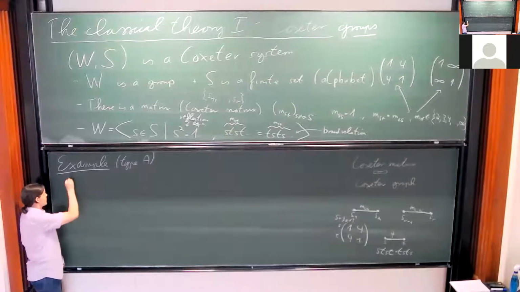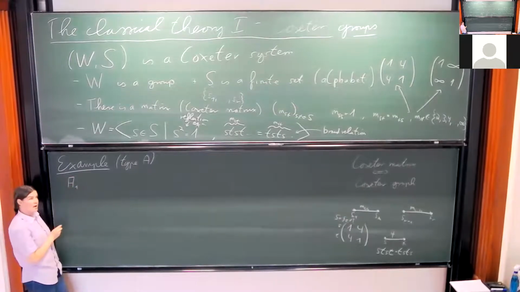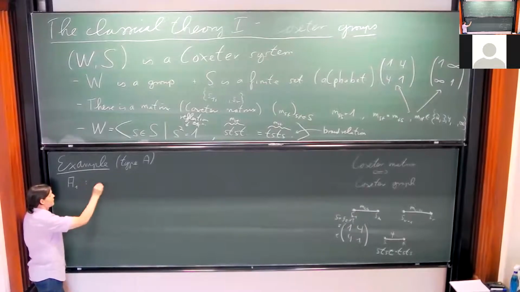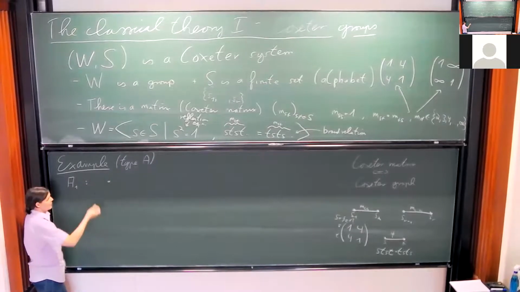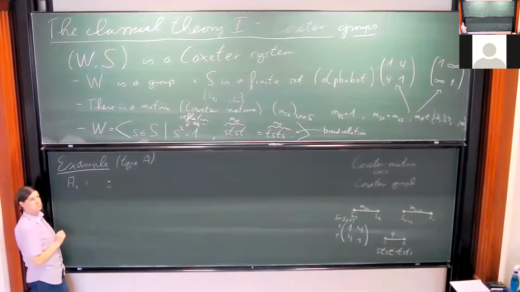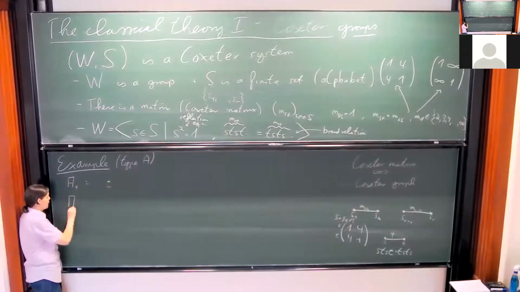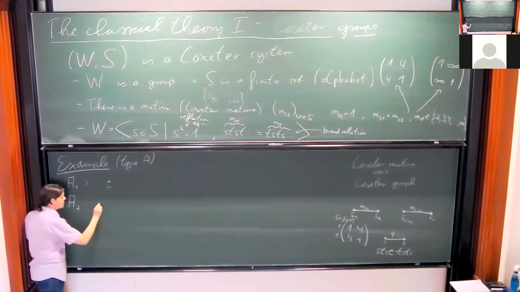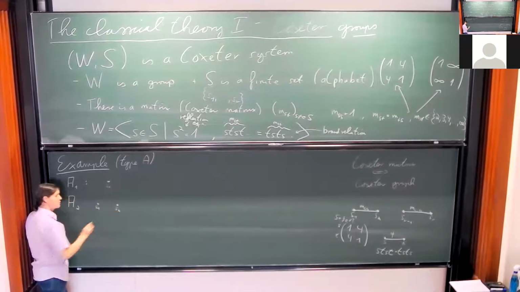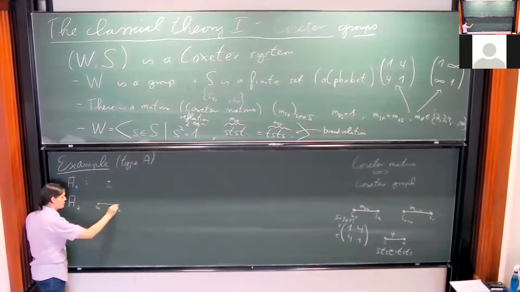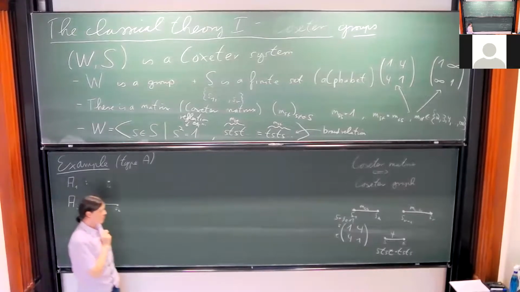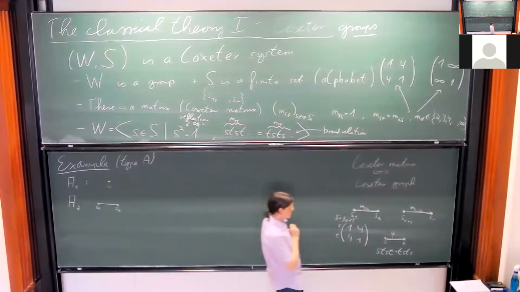So type A1 is usually the following graph. It's just a vertex, and let's call it S1. Type A2 is two vertices, S1 and S2, and I put an edge between them. And here comes a slightly funny convention.